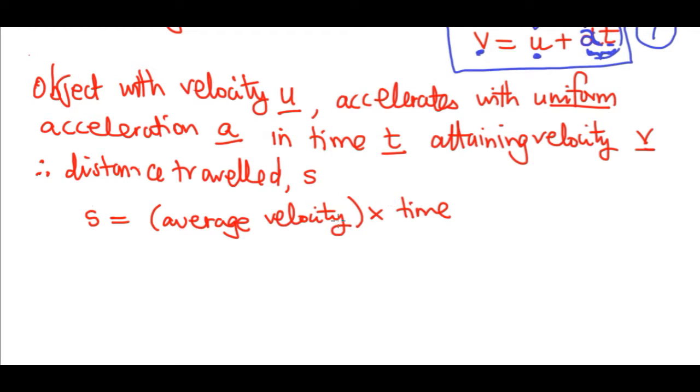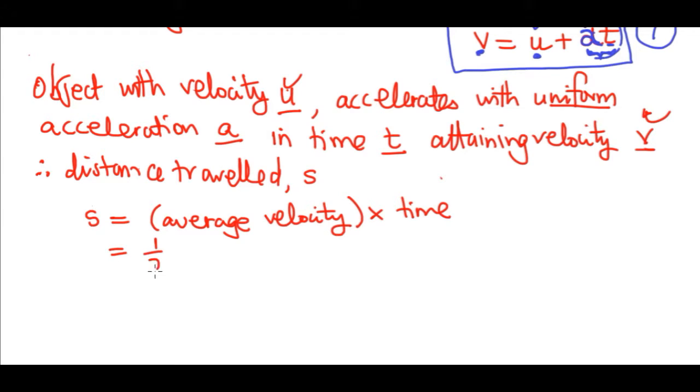In that period where it was moving with some velocity, changing its velocity, we are going to take an average of that velocity and just multiply it by time. It's sort of like speed times time, just that we're taking an average, or the number that is in between u and v.